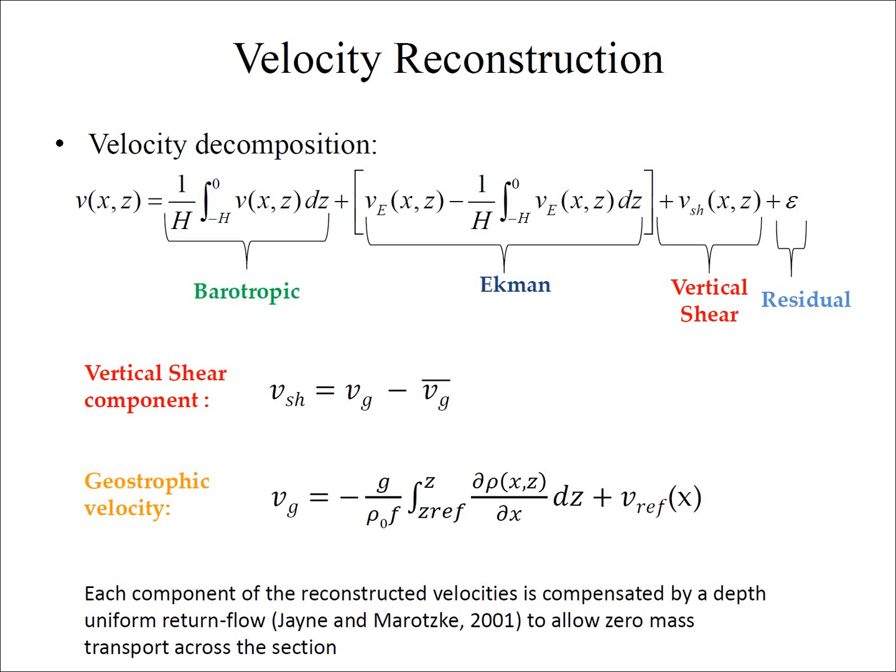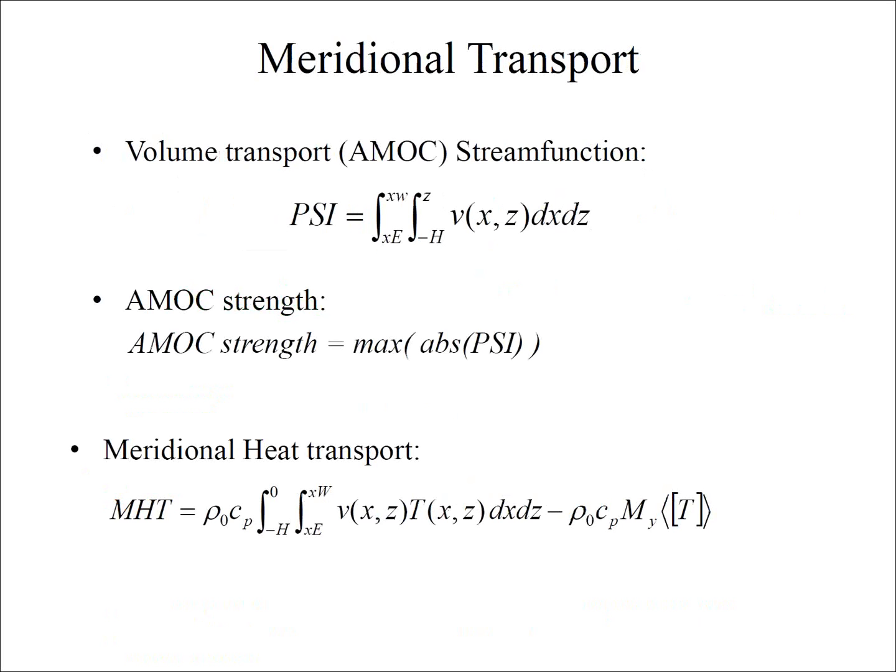If we don't add this, there would be no motion at the reference depth, and if we add this velocity, it would be referenced to that velocity. And all these components are compensated to allow zero mass transport across the transect, which is really important, especially for the heat transport component of the flow.